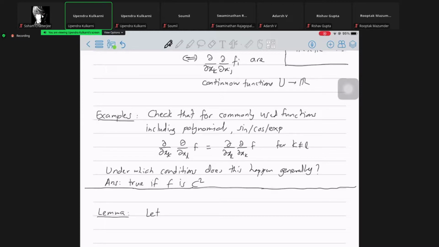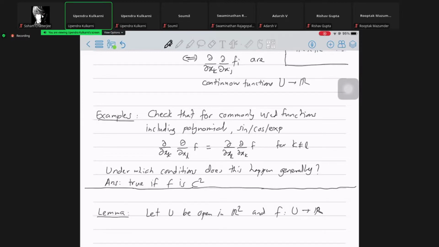Let U be open in R2 and f a real valued function. Why are we doing this? We are going to be dealing with only two directions at a time, so it is enough to hold all the other directions constant. So it is enough to deal with two variables.